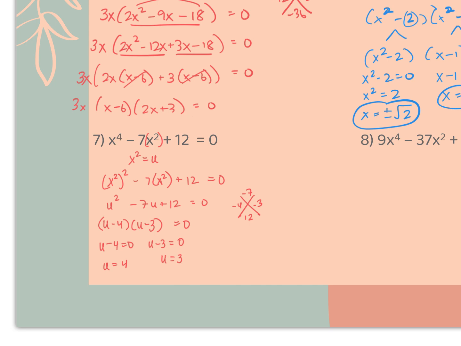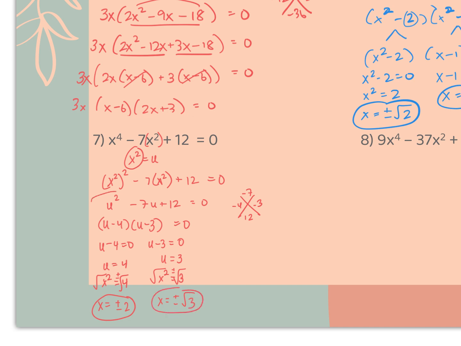Now, when we get to here, we're going to substitute in what u really is. We're saying x squared equals 4 and x squared equals 3. Now that I have that, I'm ready to solve for x, right? So x equals plus and minus 2, and I take the square root, and x equals plus or minus square root of 3. And I find my answer.